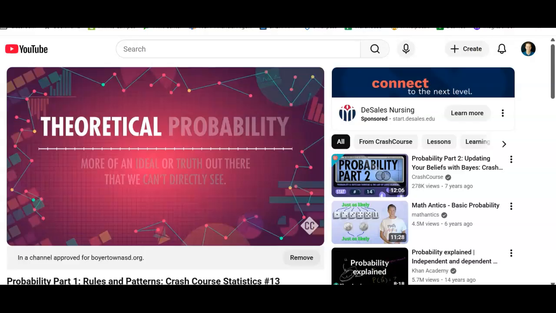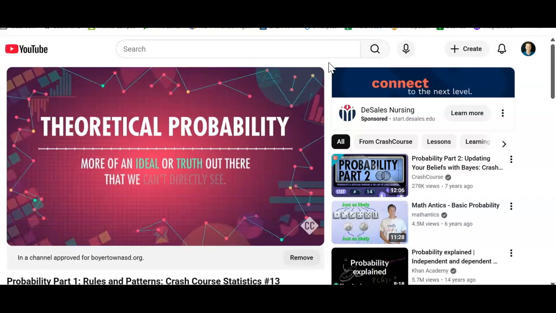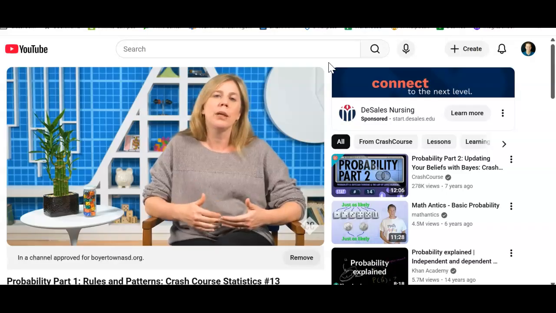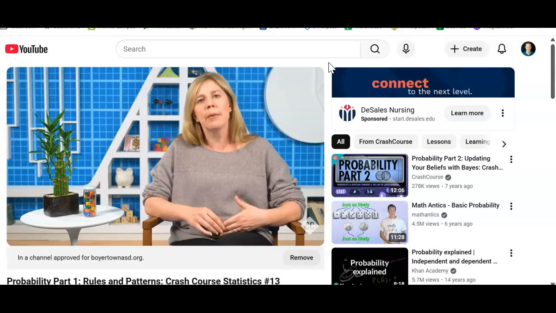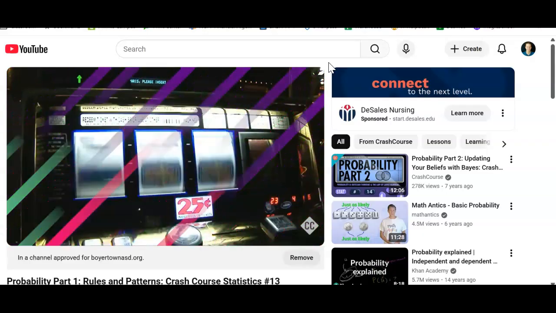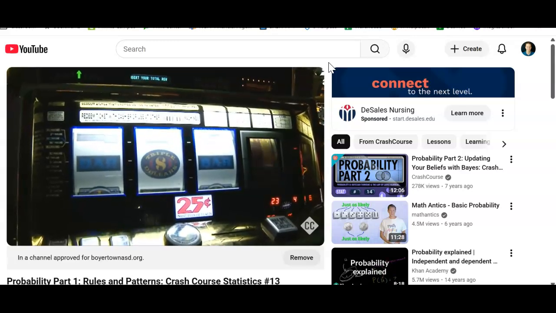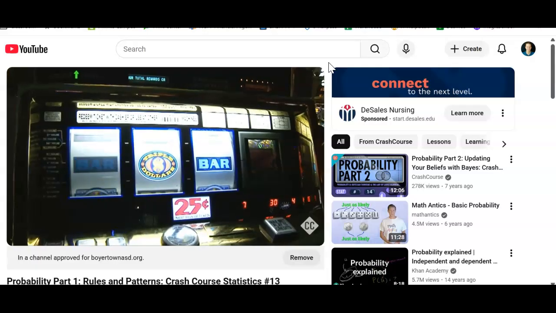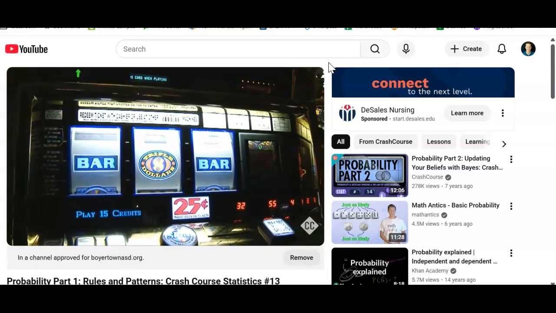Theoretical probability, on the other hand, is more of an ideal or truth out there that we can't directly see. Just like we use samples of data to guess what the true mean or standard deviation of the population is, we can use a sample of data to guess what the true probability of an event is. Say you play a slot machine over and over and over. You'll be able to guess the probability of winning the jackpot by counting the number of times you win and dividing it by the number of times you played.